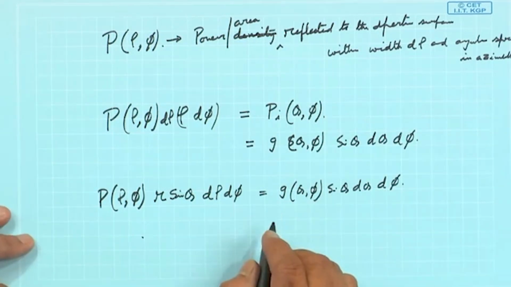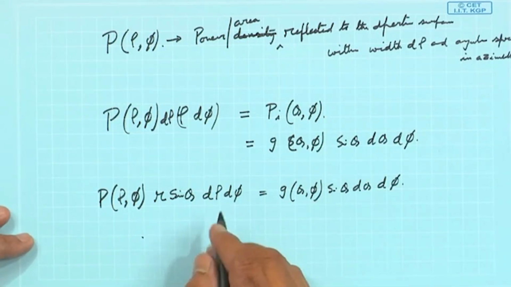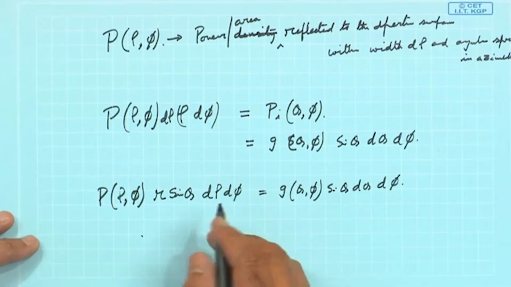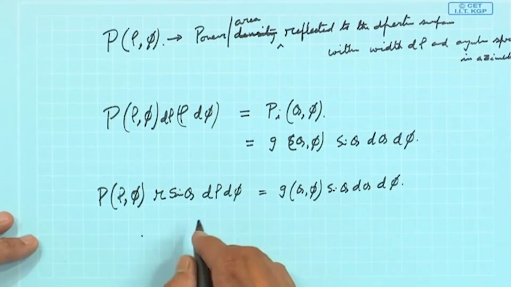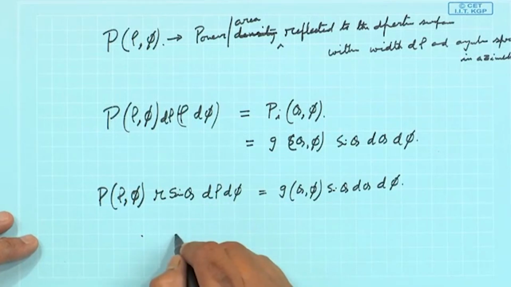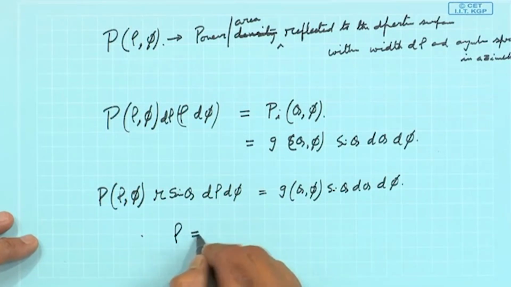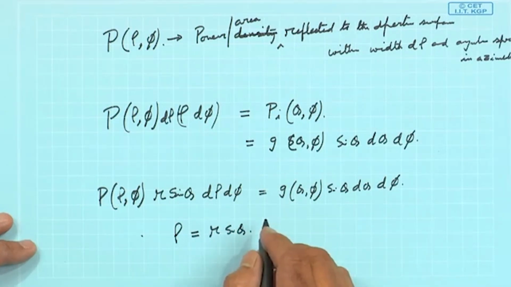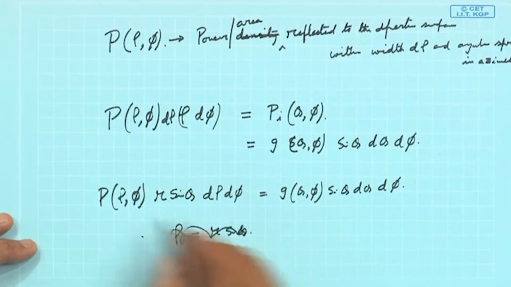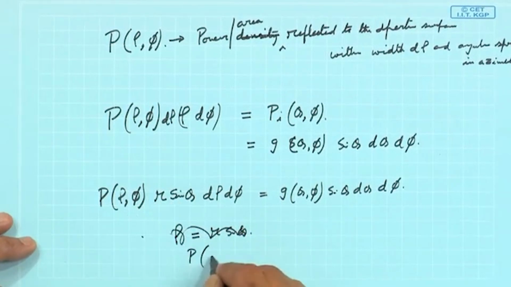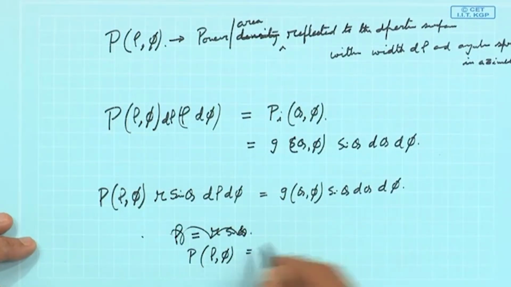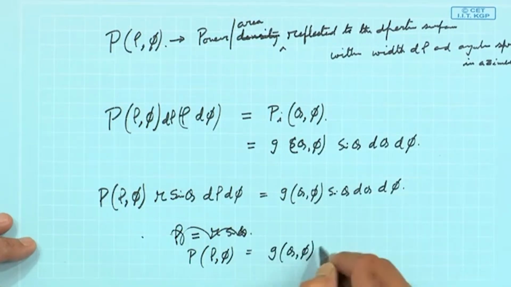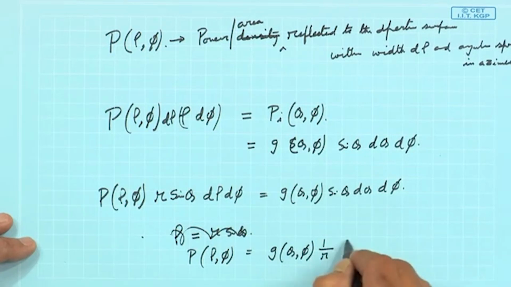That solved my problem. So, since rho is equal to r sin theta, let me simplify this first. So, P rho phi will be g theta phi, 1 by r, d theta by d rho.